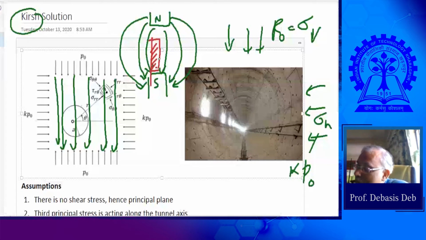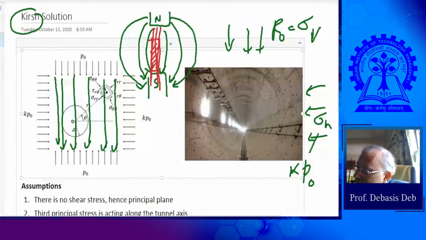Can anybody tell me? Will it pass through the material? Yes, it will pass through this, and with high concentration, right? With high concentration, it will pass through this.